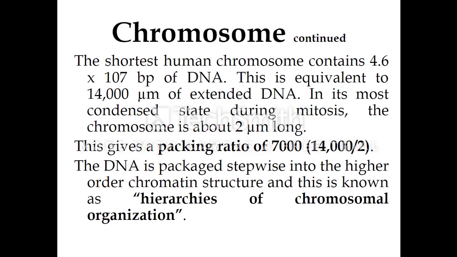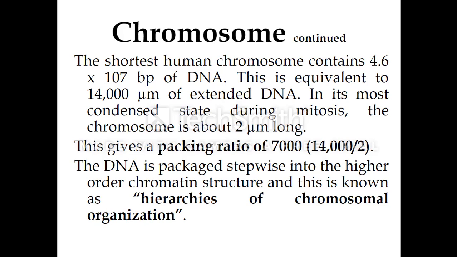This is regarding how to calculate the packing ratio. The shortest human chromosome contains 4.6 × 10^7 base pair of DNA. This is equivalent to 14,000 micrometer of extended DNA.